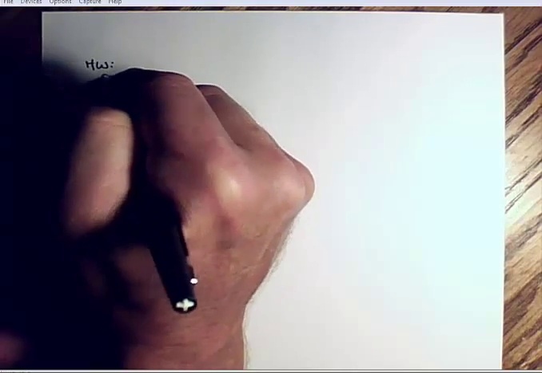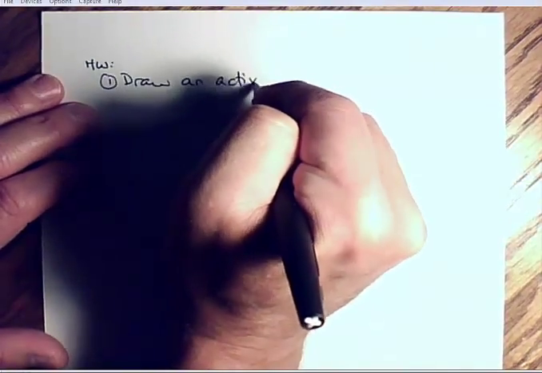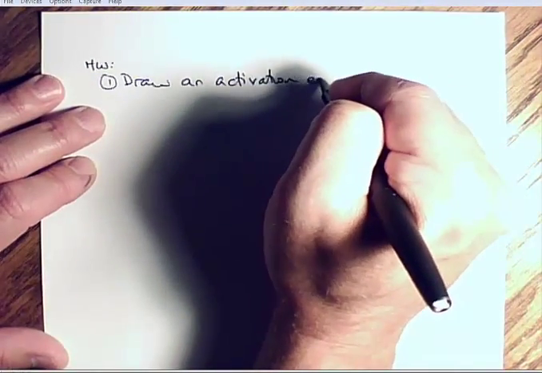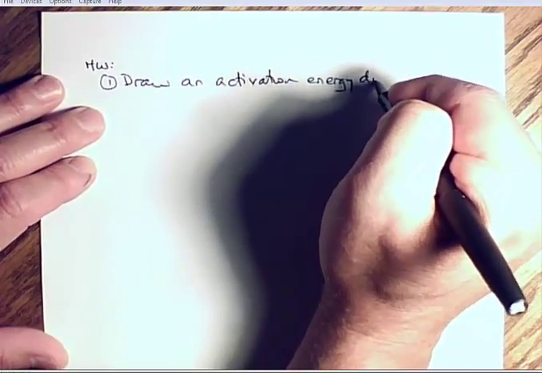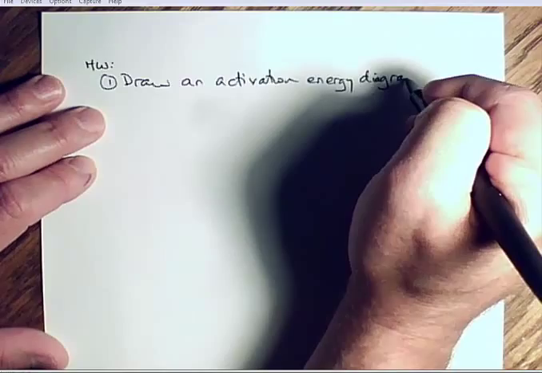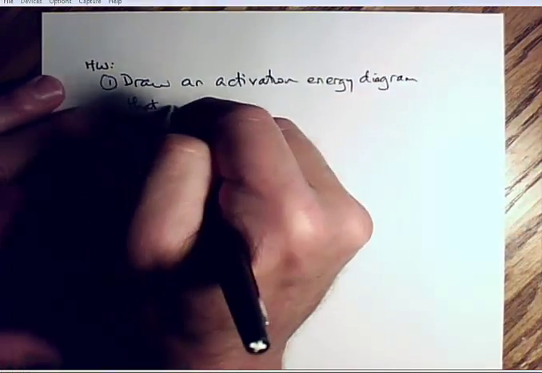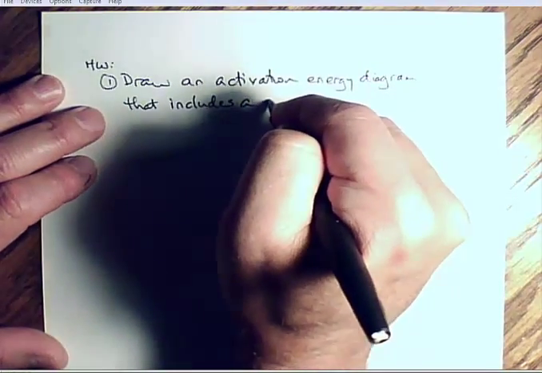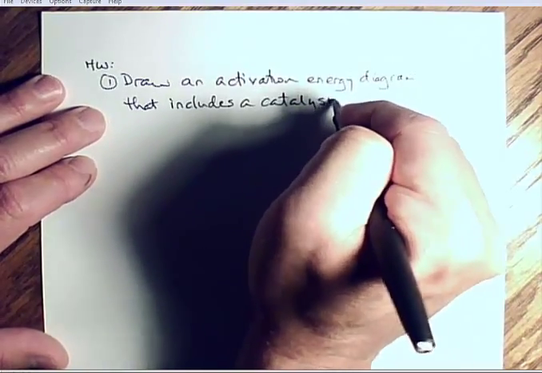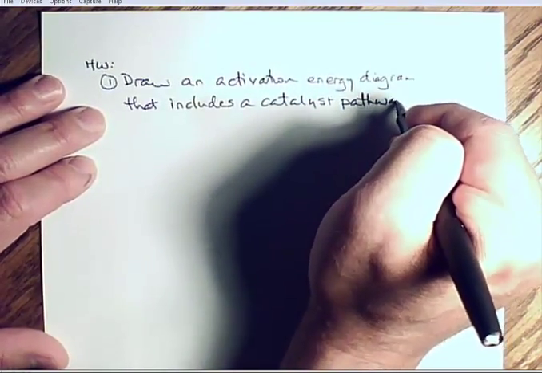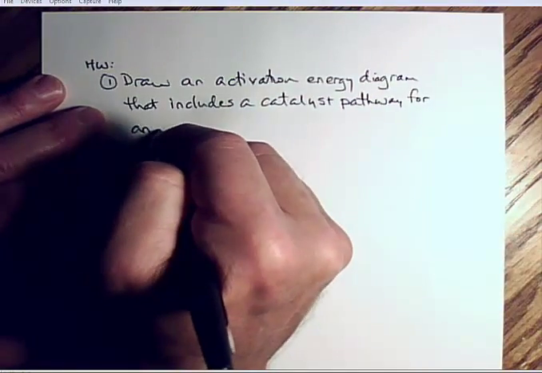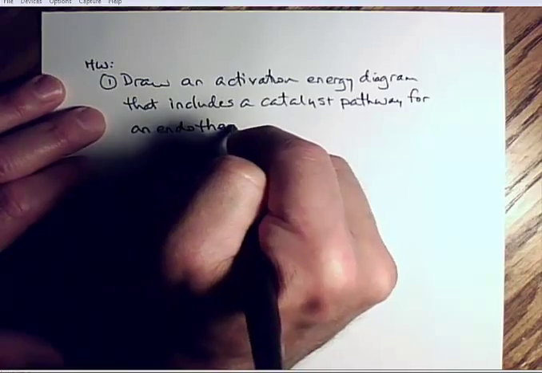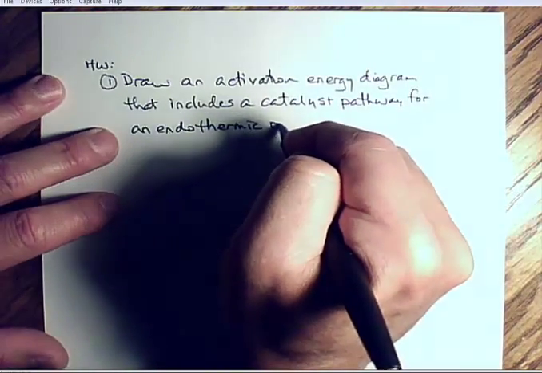One homework problem is I want you to draw an activation energy diagram that includes a catalyst pathway for an endothermic reaction. I showed you the one for exothermic. You're going to do the one for endothermic.